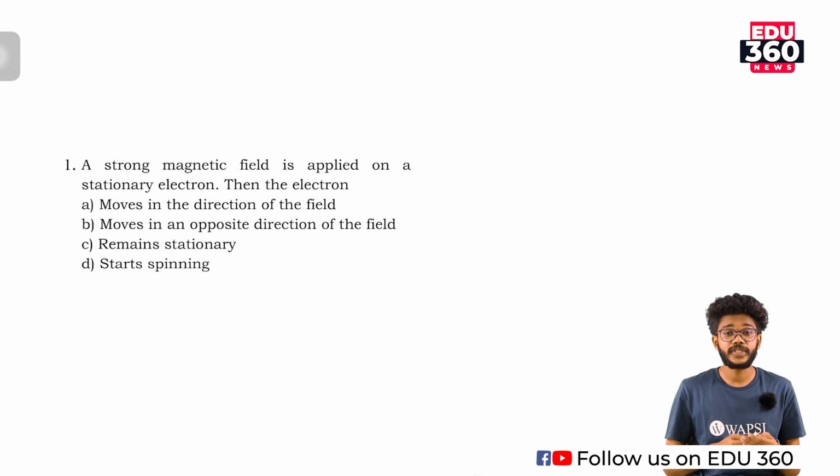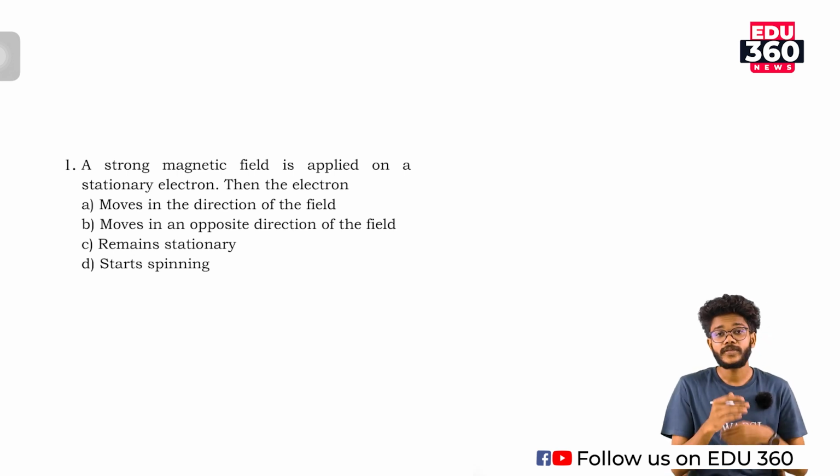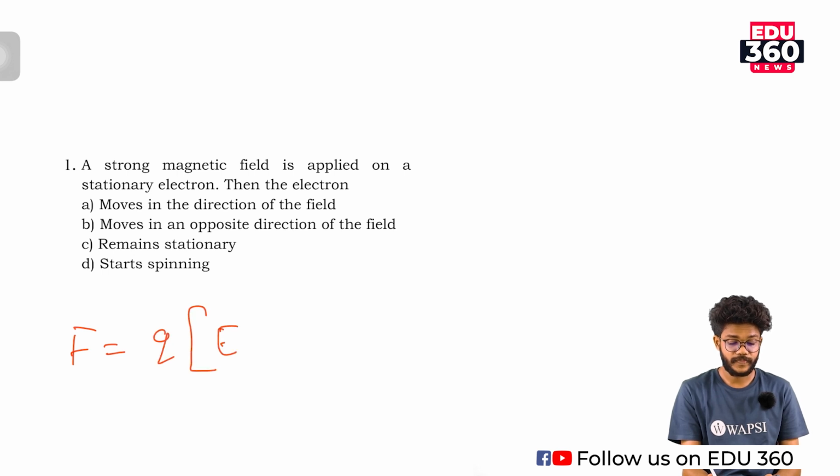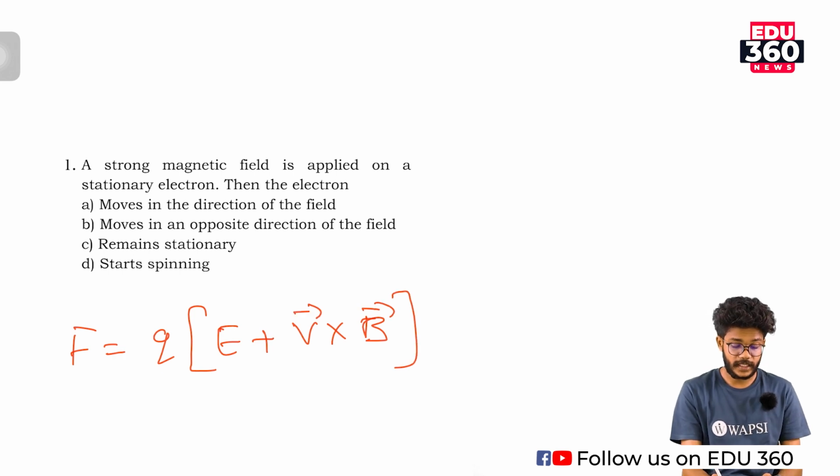So a stationary charge wants to move, then there should be a force. Okay, so which is the equation for the force? We know the equation for the force by the Lorentz equation. F is equal to Q into E plus V cross B, where B is the magnetic field that is given and E is the electric field.